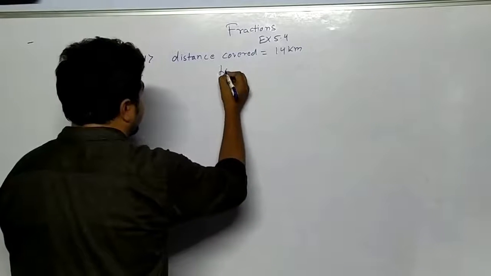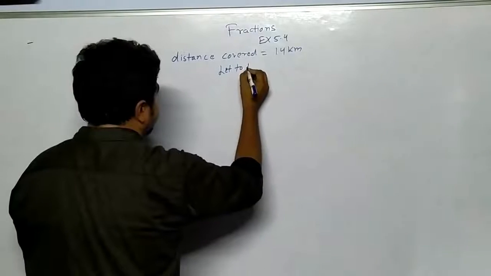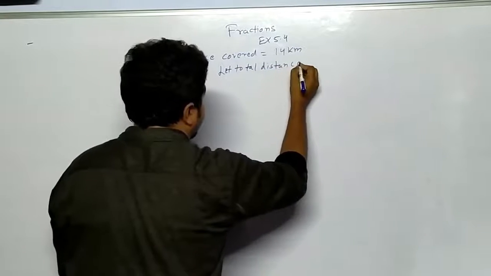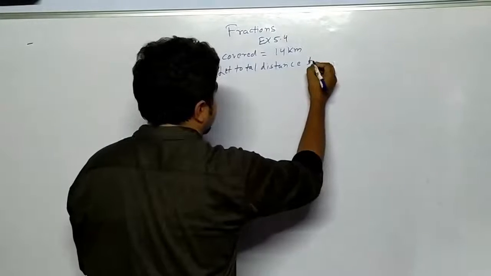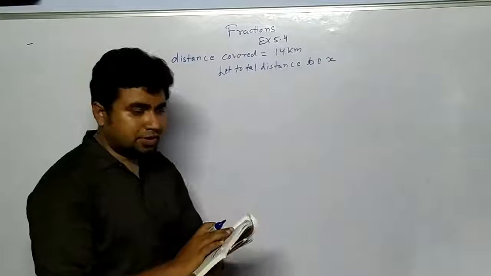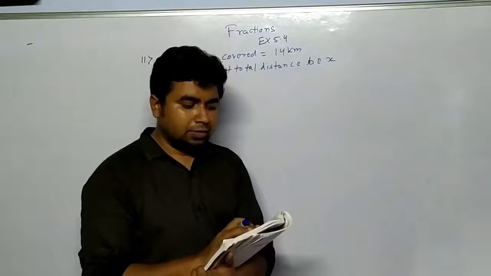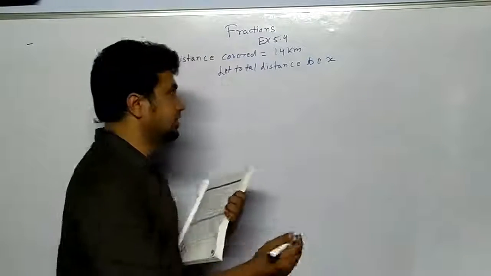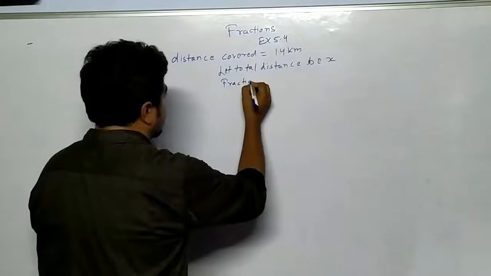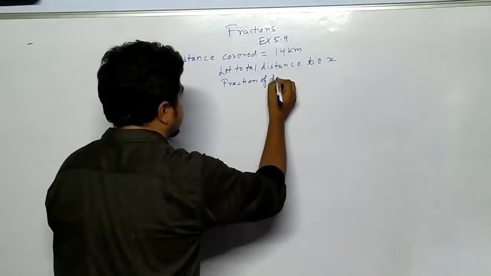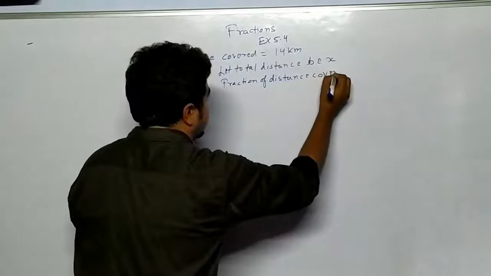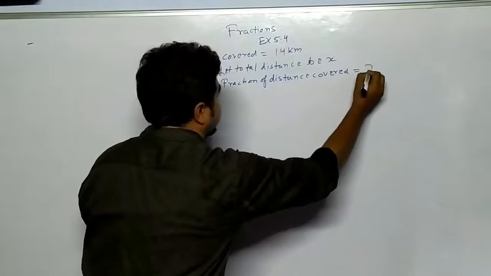I will assume the total distance to be X, and the fraction of distance covered, because it is given Raghu covered 14 kilometers to complete 2 by 3 of his journey, is equal to 2 by 3.